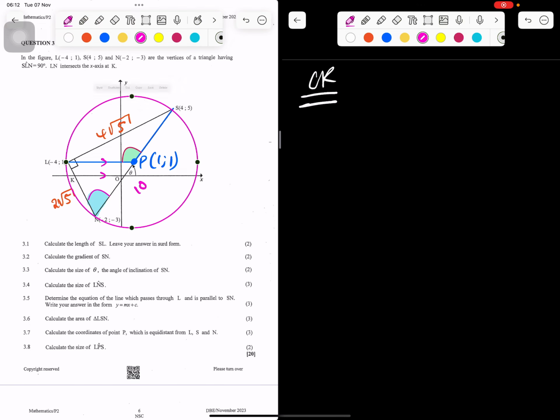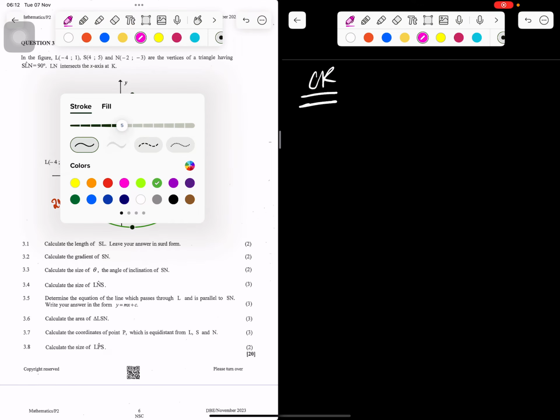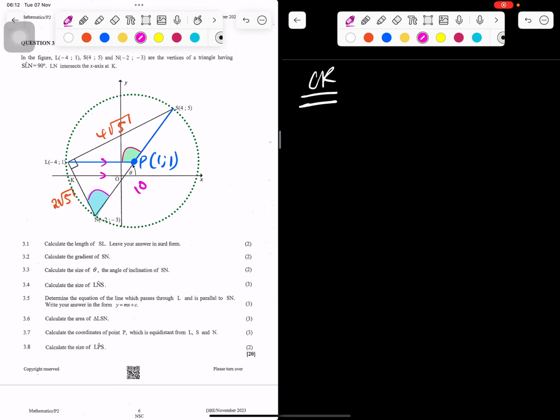I'm trying to touch the point S, that's why, yes. So let me maybe give it a dotted line like that. Cool. So if you guys check, you will see that this now is a circle, is a diameter.